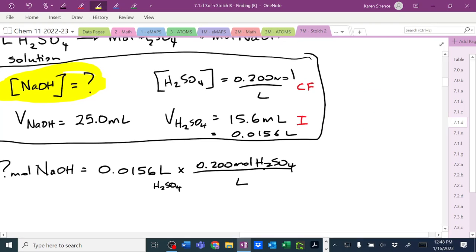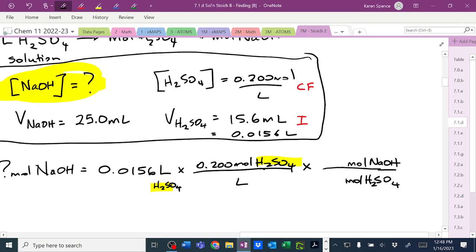Is it important that I write the H2SO4 here and here? Yes, because we're converting between different substances, so you need to know which one you're talking about each step of the way. And then we need to cancel moles of H2SO4 and find moles of NaOH.